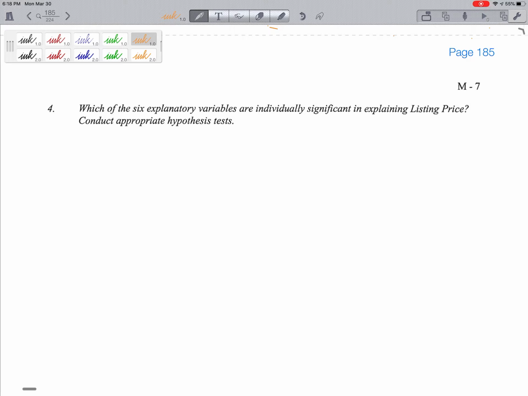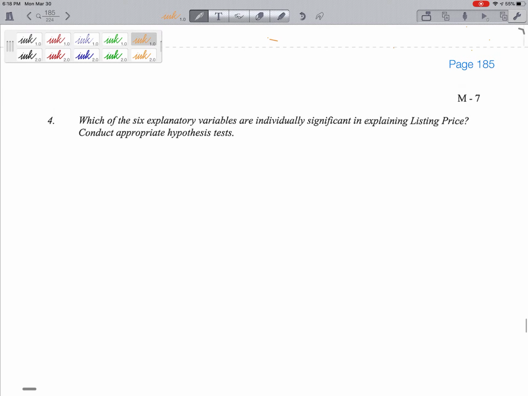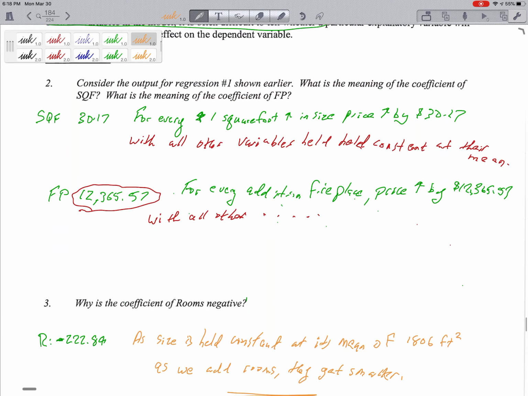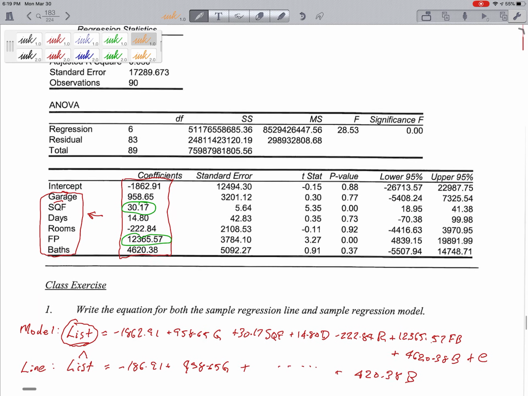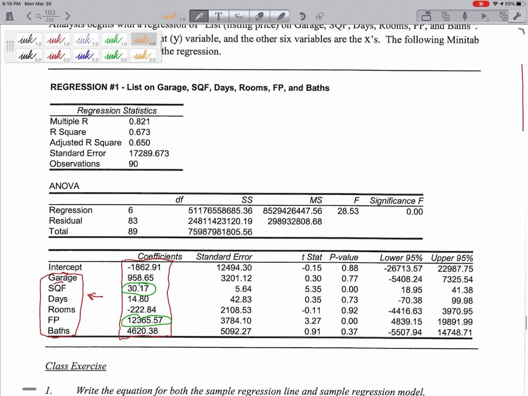Whenever you see this question here, which of the 6 explanatory variables are individually significant in explaining the listing price, then we're talking about individual tests. And I want to go back up here. If you watch the lab video, I made a to-do about this.